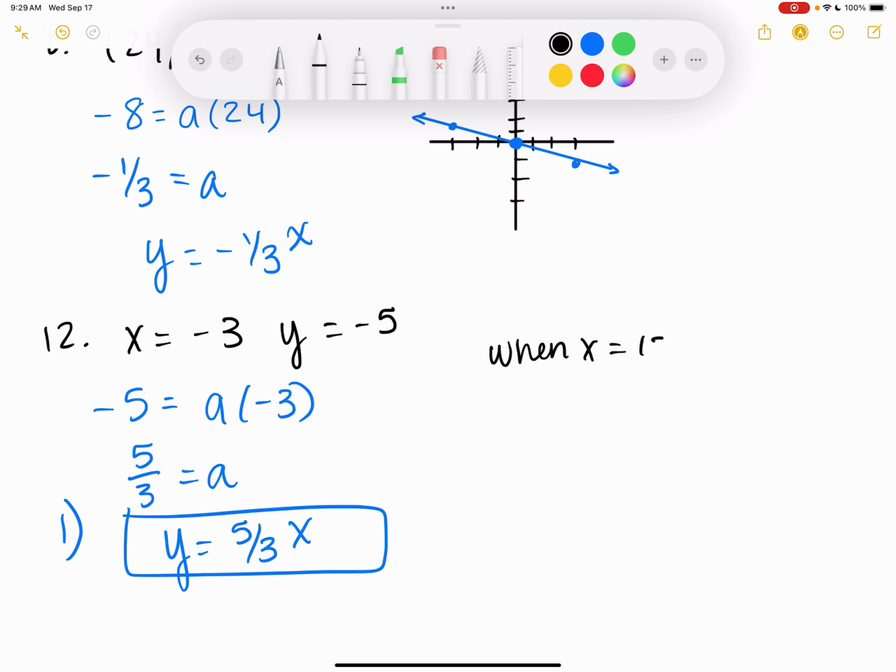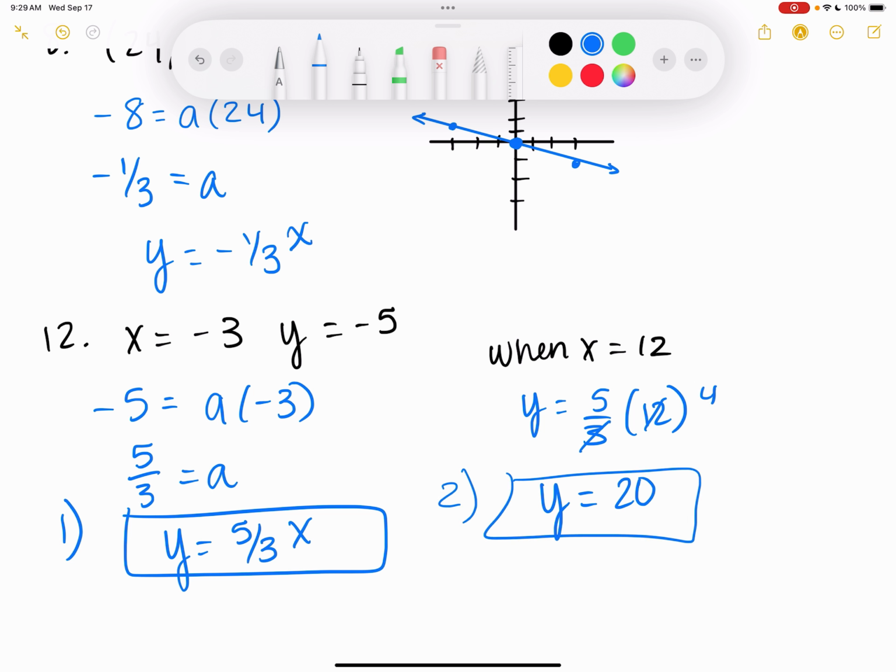So I've got y equals 5/3 times 12, and that would be equal to 20. 3 goes into 12 4 times. 4 times 5 is 20. So this is part 2 of what they're asking for.